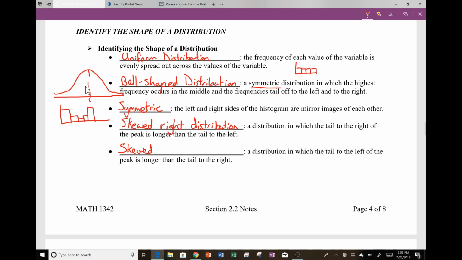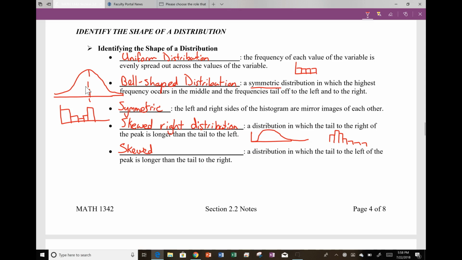So it's going to look something like this, and then it's going to taper off to the right-hand side. If we're looking at a histogram, it could look something along these lines. Notice there's more of, say, a single or smaller bars on the right side. That is a skewed right distribution.